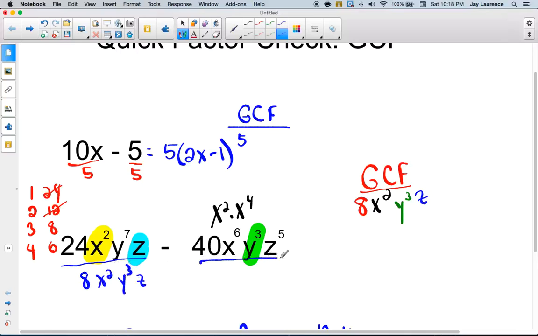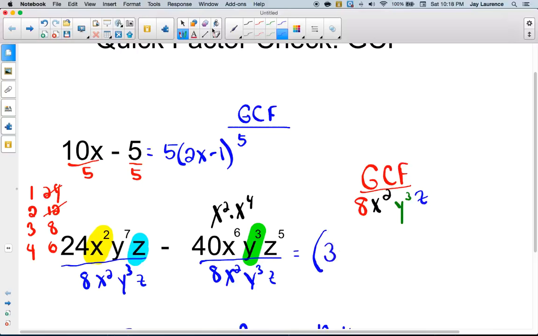And when I do that, I'm going to do 24 divided by 8, which is 3.